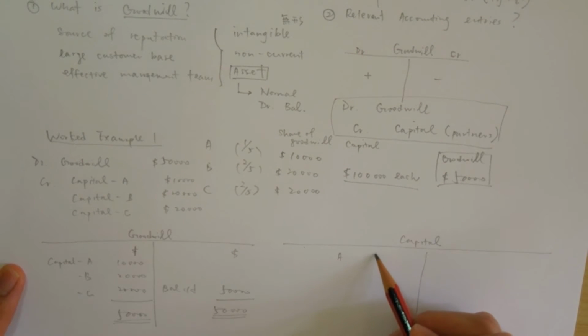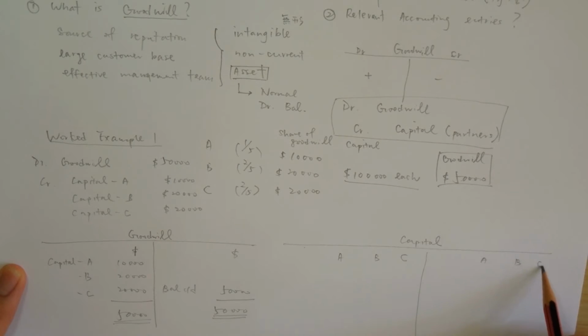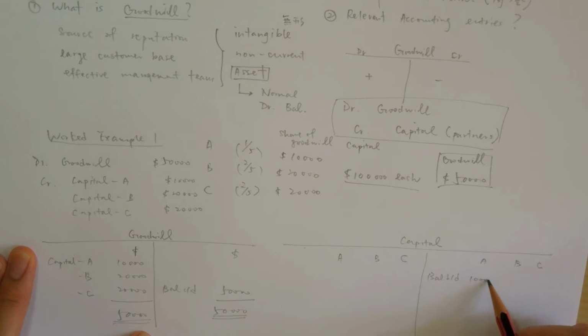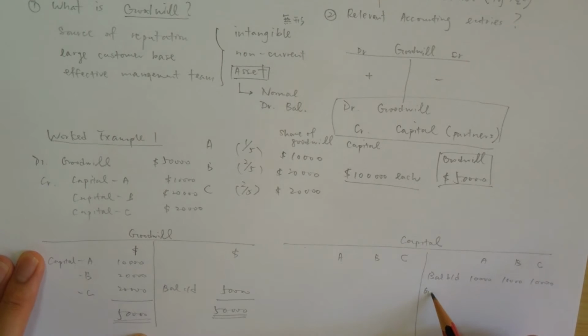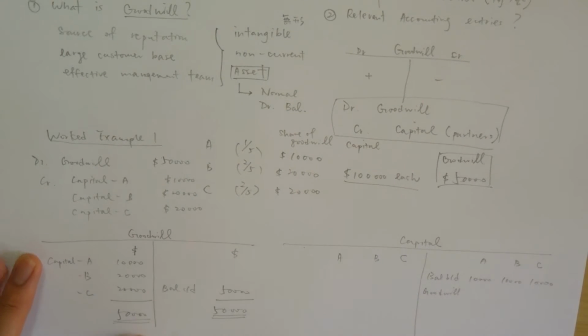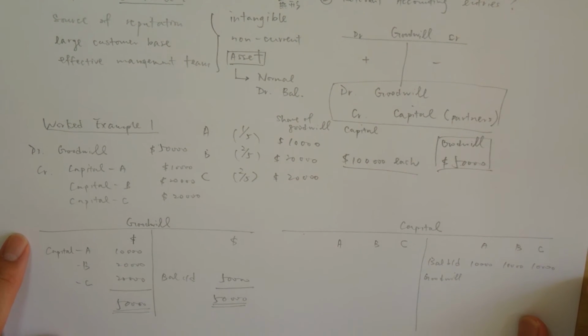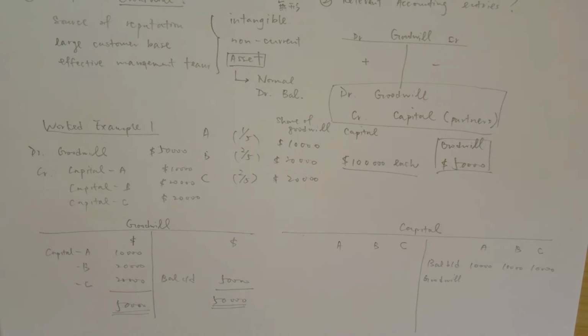Okay, next we come to the capital account, and we remember we write it in the columnar format. We have the balance brought down first. And then for the goodwill, we will credit it. Therefore, here we write goodwill: 10,000, 20,000, and the last one is also 20,000.